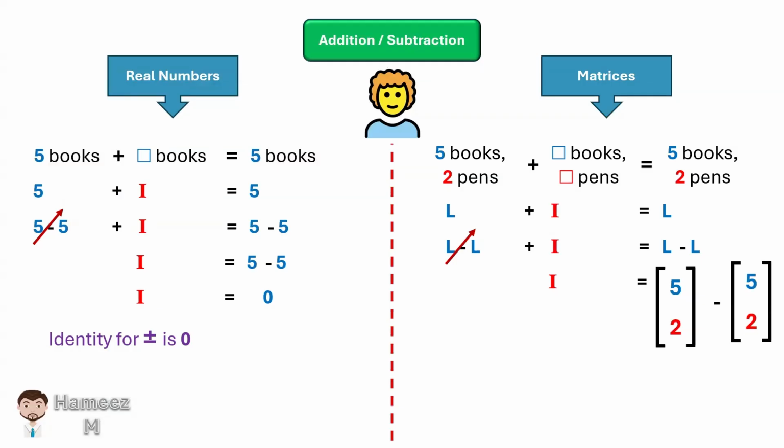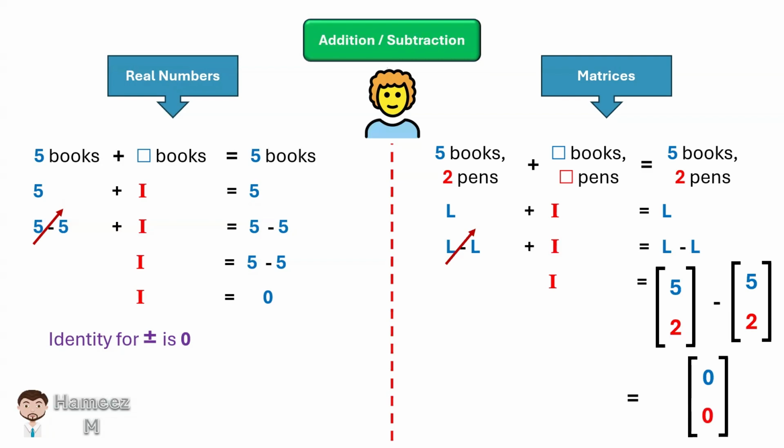And it's not just 0. It's 0 books and it's also 0 pens. So what it tells us is that when we talk about the identity for real numbers, it's just 0 when we're adding or multiplying.